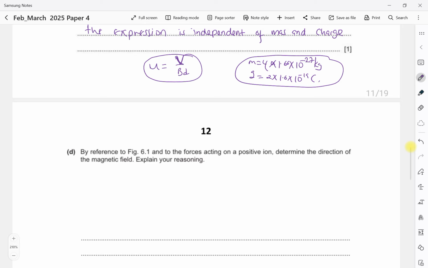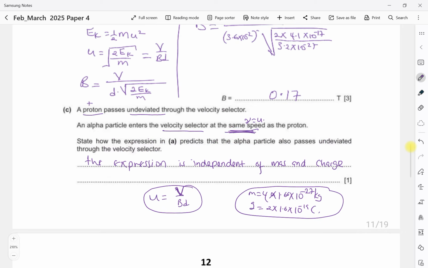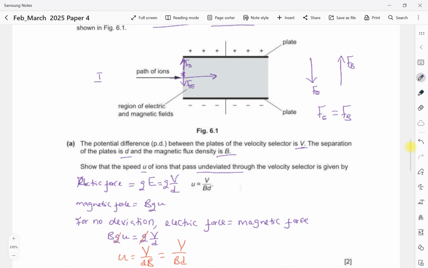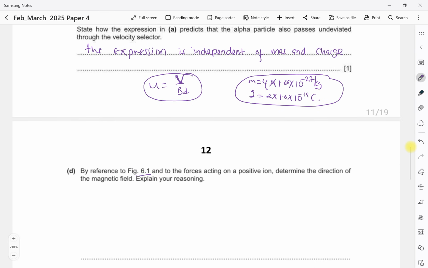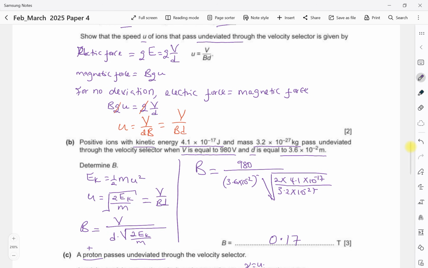By reference to figure 6.1, this one here, and to the forces acting on the positive ion, determine the direction of the magnetic field. I think I've tried to explain that earlier on.